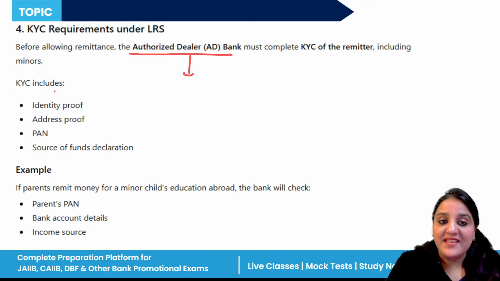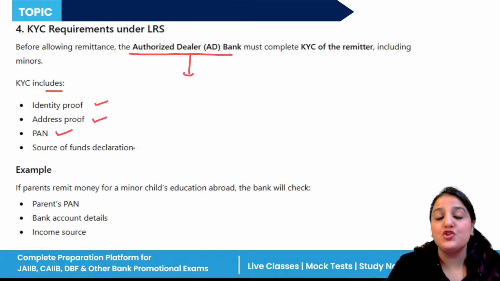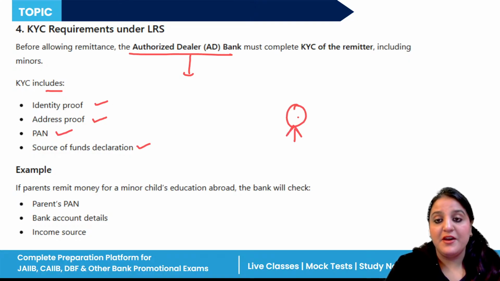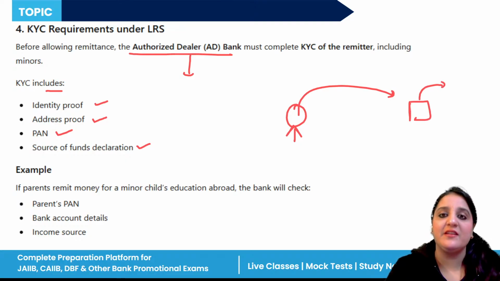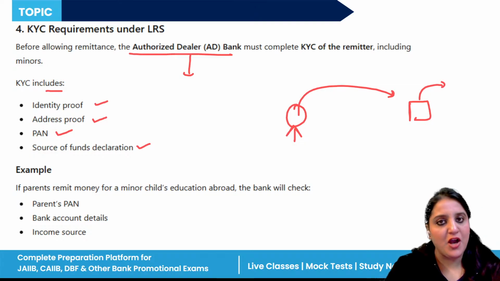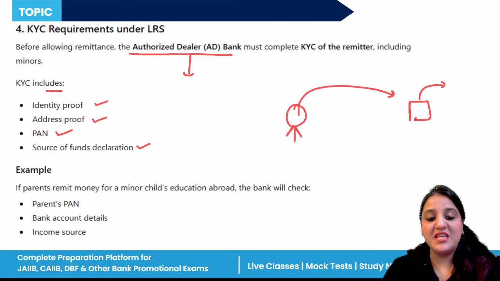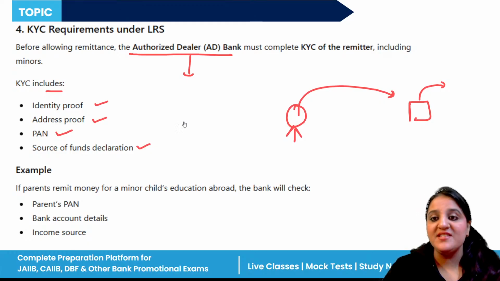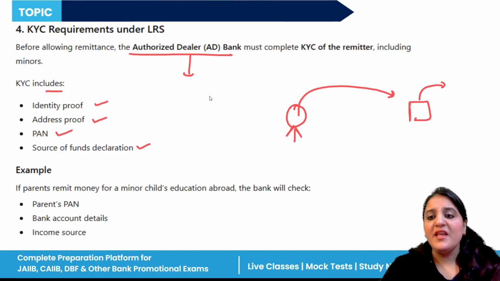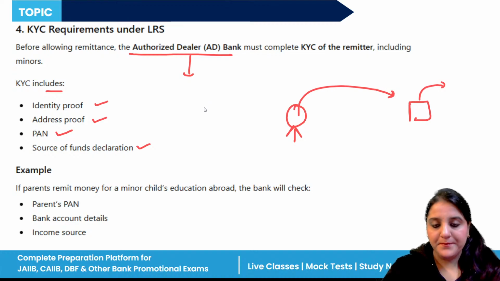KYC includes identity proof, address proof, PAN card, and source of funds declaration. If parents remit money for a minor child's education abroad, the bank will check the parent's PAN card, bank account details, and from where the income is coming. So these are the KYC requirements under the LRS. Clear?